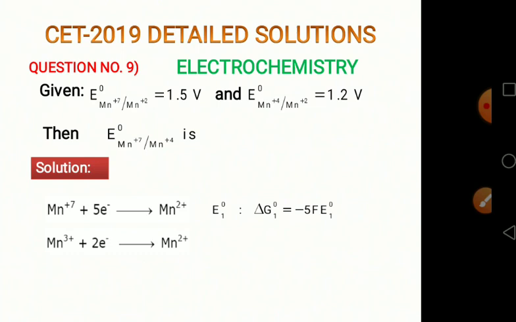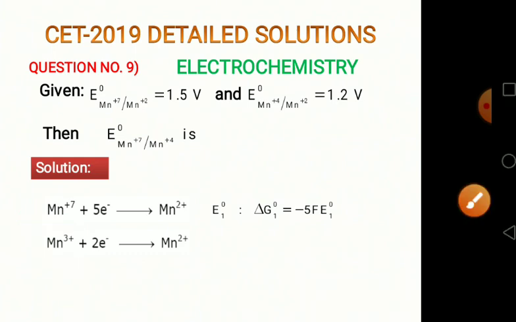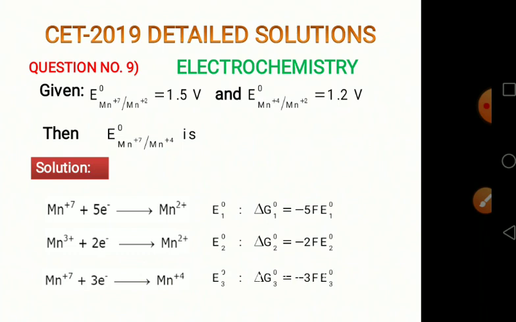Remember, small correction: in this case it should be Mn4 plus. So it gives rise to Mn2 plus with 2 electron change. Delta G2 naught is equal to minus 2F E2 naught. Then the given reaction Mn plus 7 to Mn plus 4 means 3 electron change. Delta G3 naught is equal to minus 3F E3 naught.